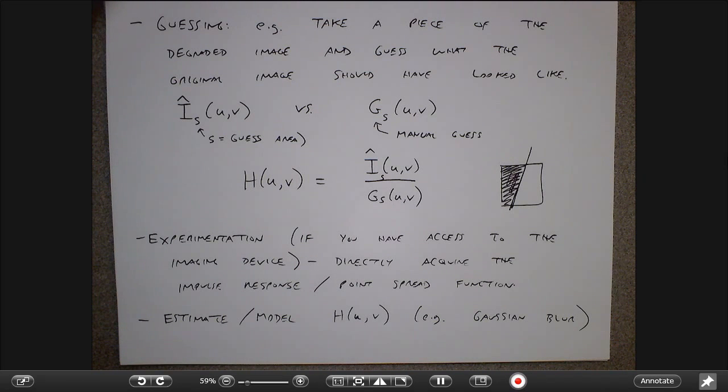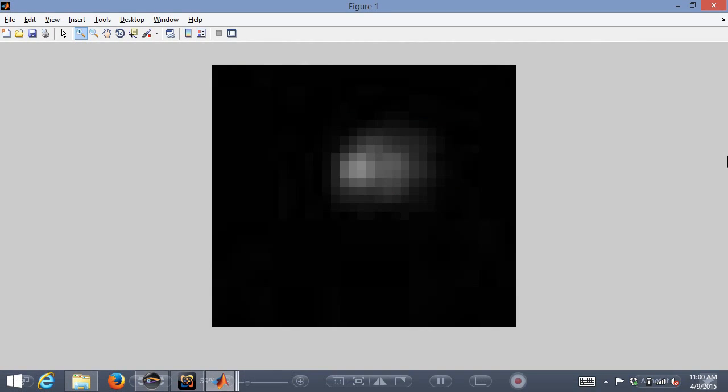So let me just say that this experimentation step is kind of what I was trying to describe when I was showing you that picture of the star, right? And so if I go back to this picture, this is really like the closest I can get to estimating what the point spread function might be for this image, because I know that ideally that was an impulse that was shown to the telescope, right?